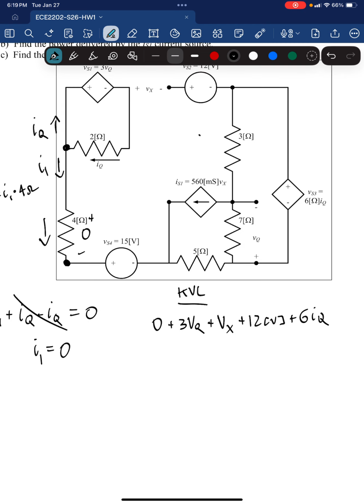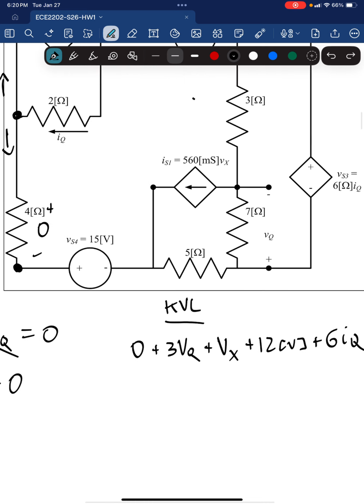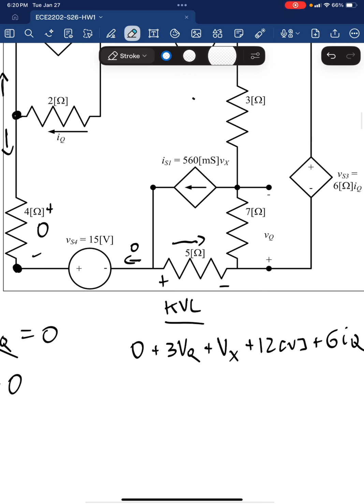And then now we're going to encounter this resistor right here, right? But we can apply the same trick that we did here to this junction right here. We know there's 0 current flowing this way, so that means this 560 Vx current source is also the current traveling through this resistor. And by definition, current enters the positive terminal of resistors.